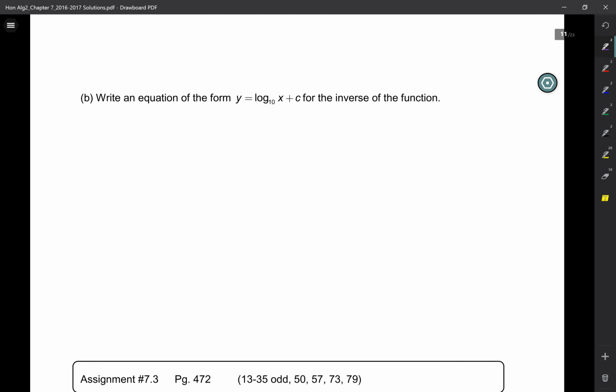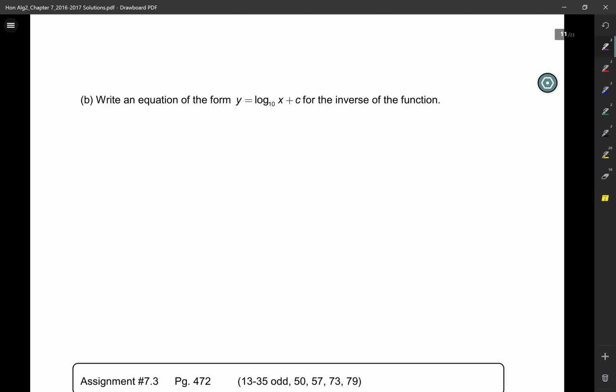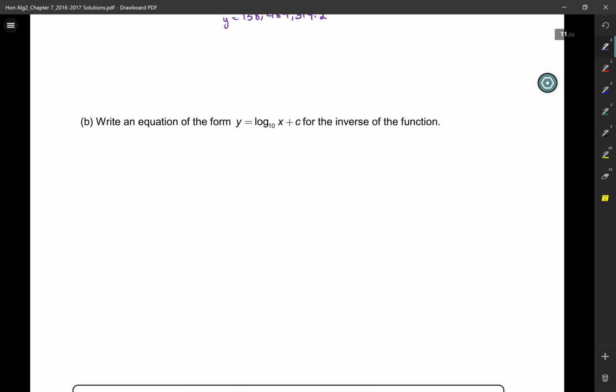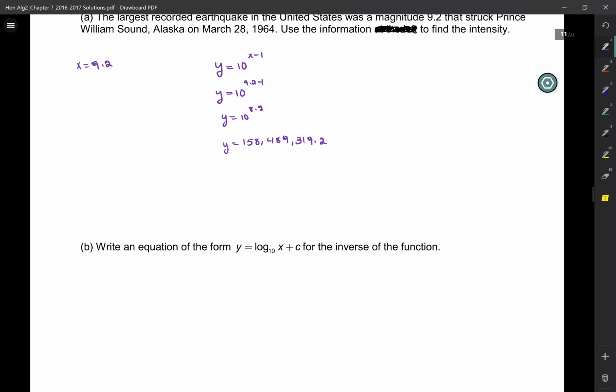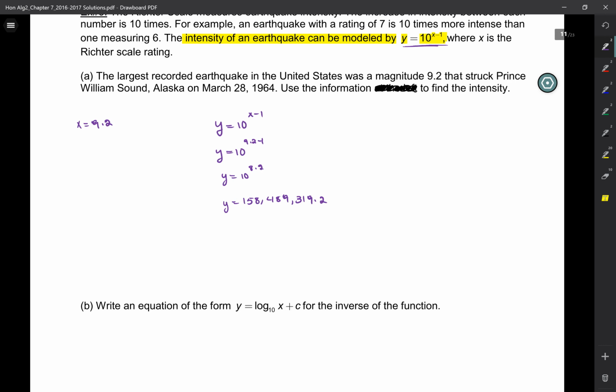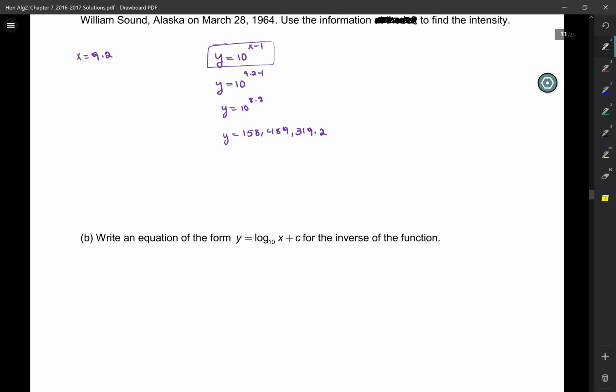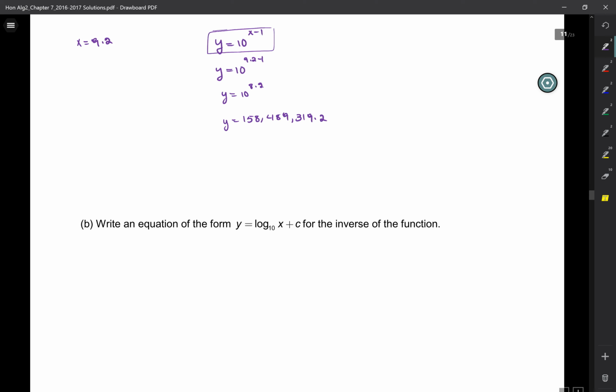Write an equation of the form for the inverse of the function. Now look at this. This equation is in exponential form. Here, we want it to be in logarithmic form.